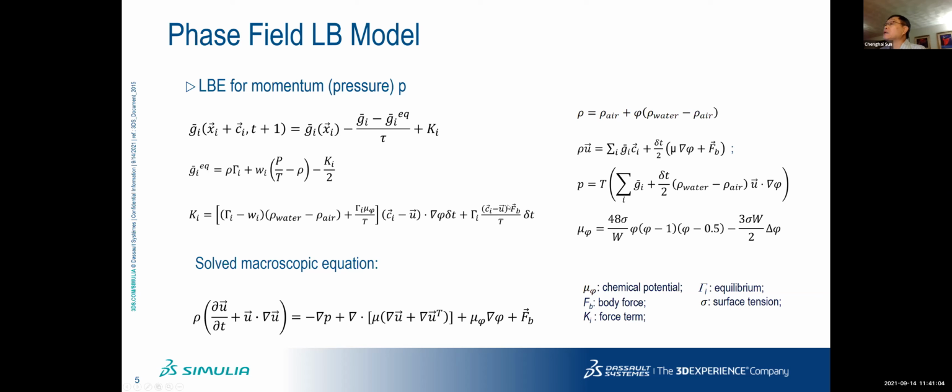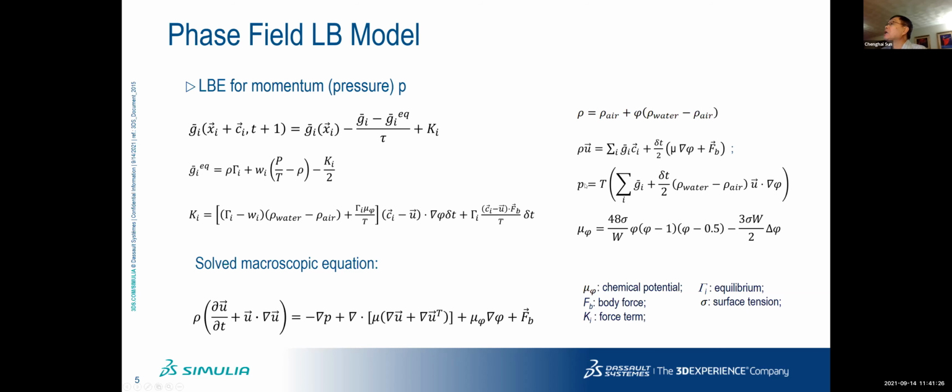F_B is an external body force. For example, it can be gravity, and in the case of a sliding mesh, it will include the rotation force.